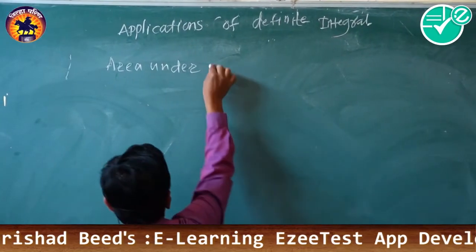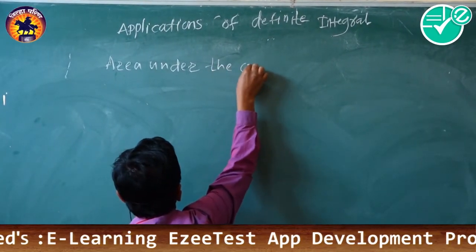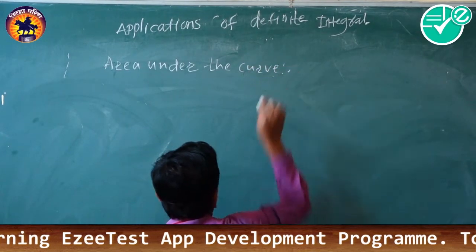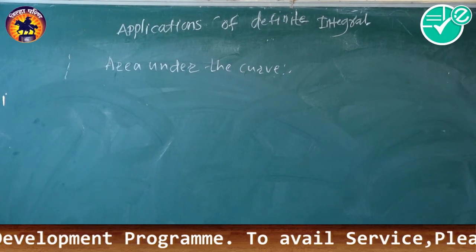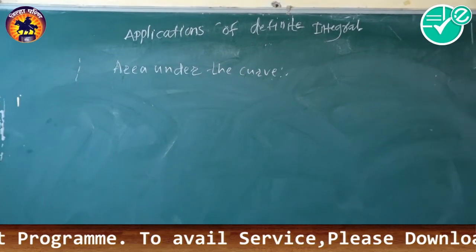Area under the curve can be found by using this application of definite integral.